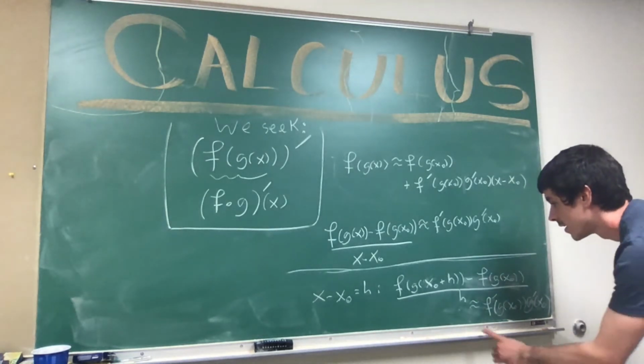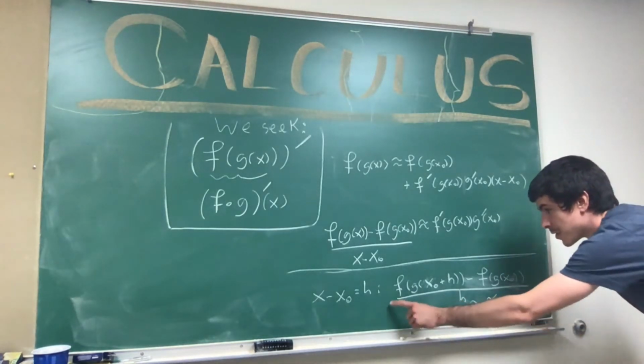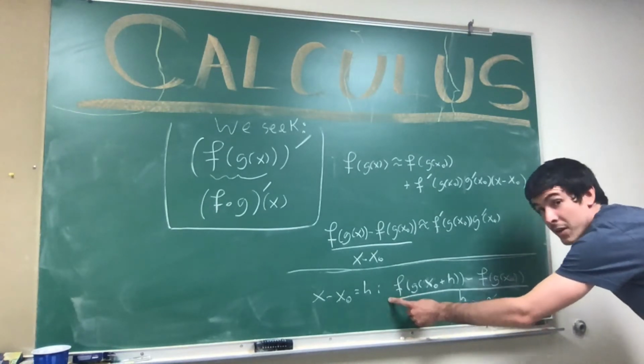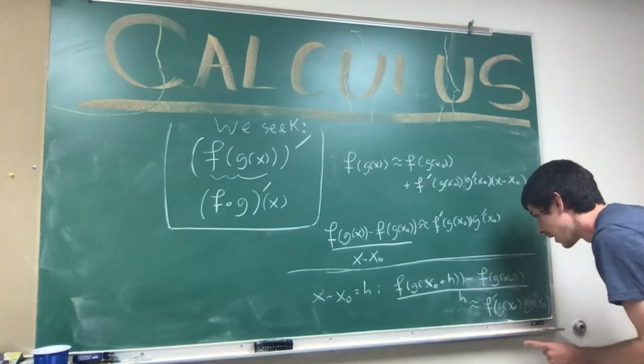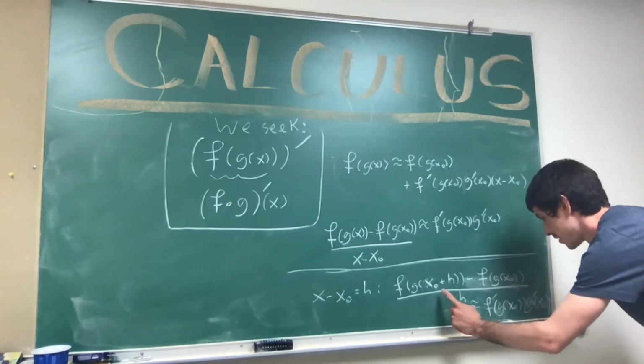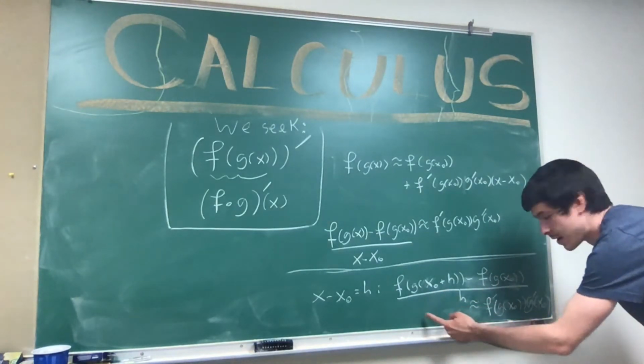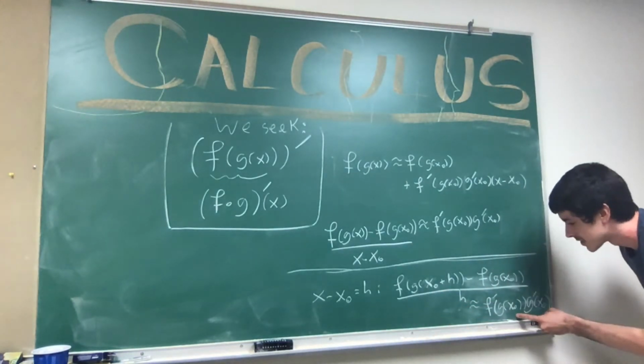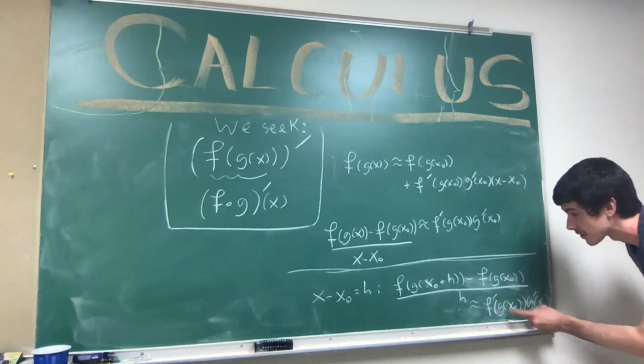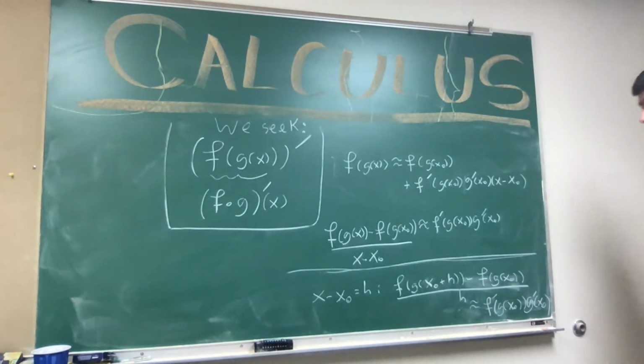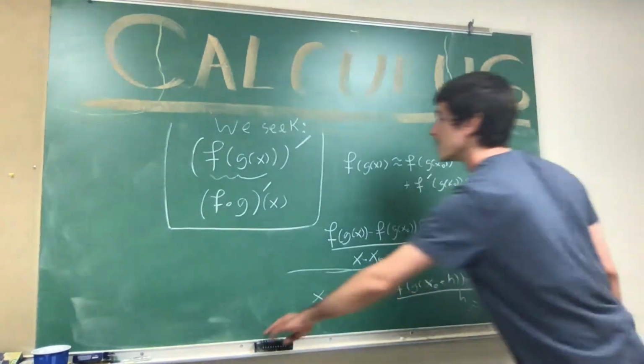And then if you take the limit as h approaches 0, this is going to be the derivative of f of g of x, by definition. But this side doesn't involve h, so this is the exact value of that limit. And so that gives us the chain rule.